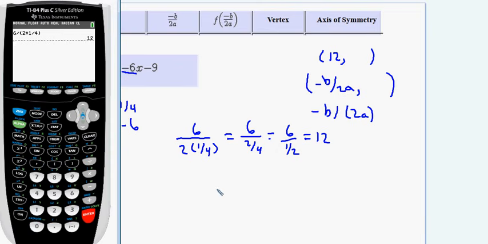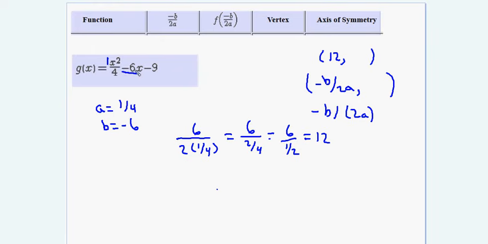To find the y-coordinate of the vertex, we need to plug 12 back into the equation. Now the problem is stated to do things by hand, but usually that means just not to use the intersect feature. So you can plug 12 into this by hand, literally by hand with no calculator at all.